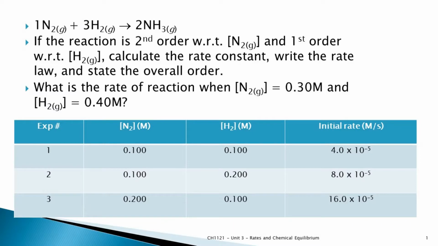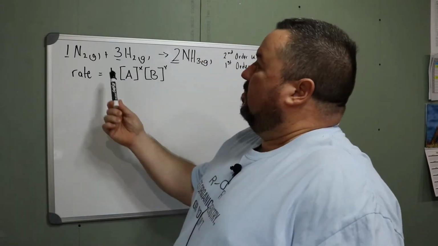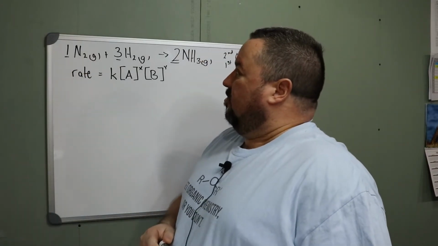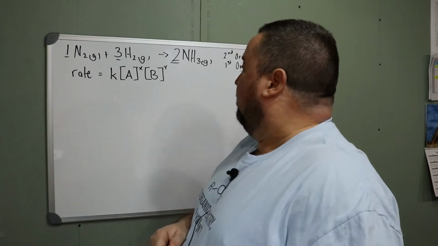If the reaction is second order with respect to the concentration of nitrogen and first order with respect to the concentration of hydrogen, calculate the rate constant, write the rate law, and state the overall order. In the question that I just showed you, we're told that nitrogen reacts with 3 hydrogen to give us 2 ammonia.